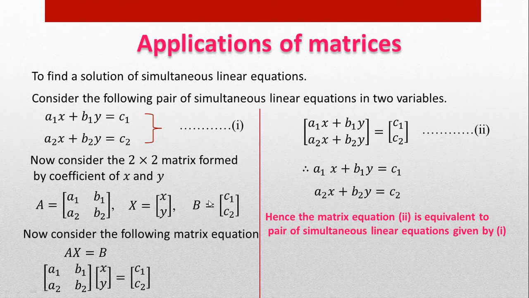So this relation is very useful. Means how to convert the pair of simultaneous linear equations into the matrix equation. That is our main part, to find a solution of simultaneous linear equations.